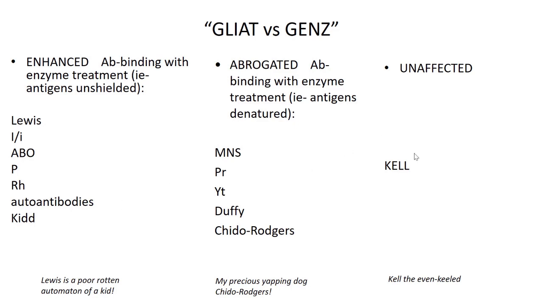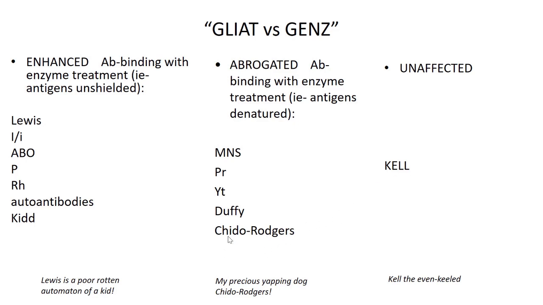Enzymes will eliminate the target of antibodies facing or cognate with the MNS system, the protease system, the Cartwright system, the Duffy system, at least the flappy tail upon which the Duffy A versus B determinant exists, and the Scheiter-Rogers system.